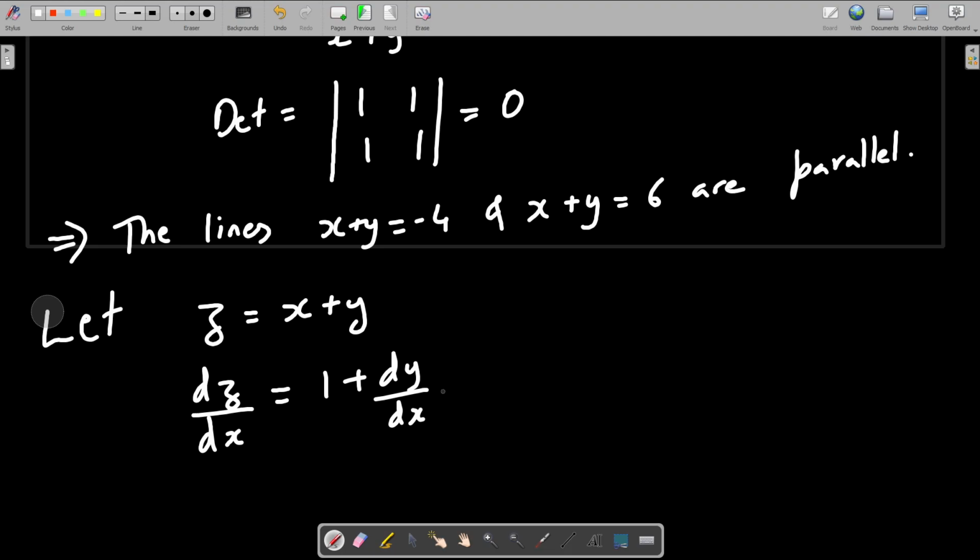Okay, so thus this in other words implies that dy by dx is equal to dz by dx minus 1.